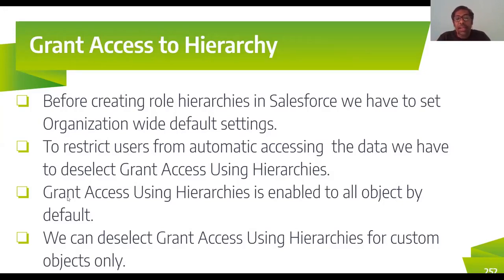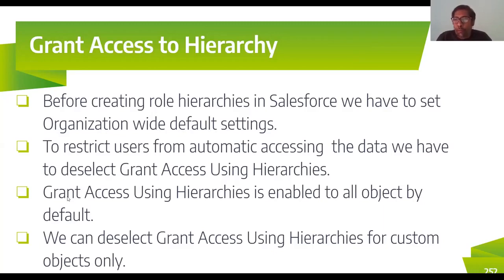We can deselect grant access using hierarchy for custom objects only, but not for standard objects, right? So before creating a role, we have to set the organization-wide default setting. In case you want to restrict the user from automatically accessing the data, we have to deselect grant access.